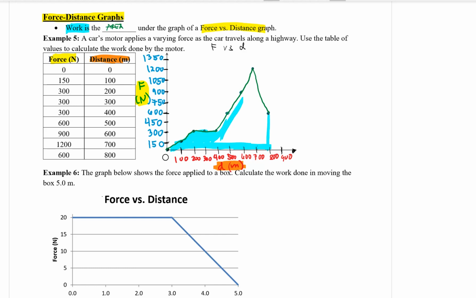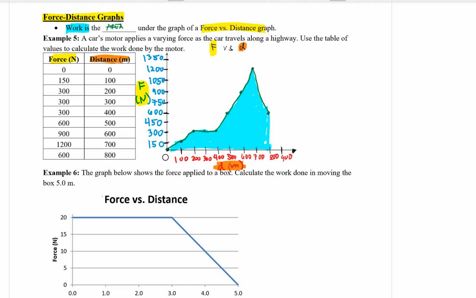So this is the work done by the motor. When we talk about kinematics, we also talk about area under the curves, right? So in this case, if you're graphing force against the distance or the displacement, the area would give you the work. So all we need to do is compute the area of this.